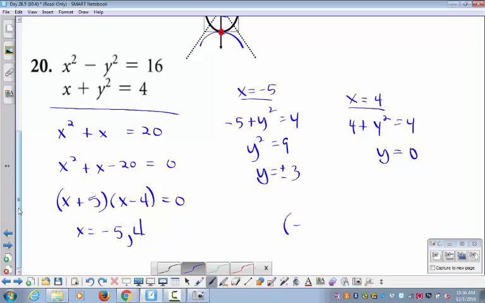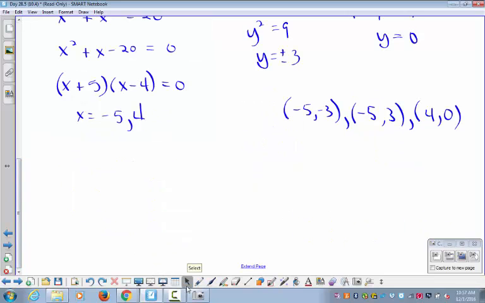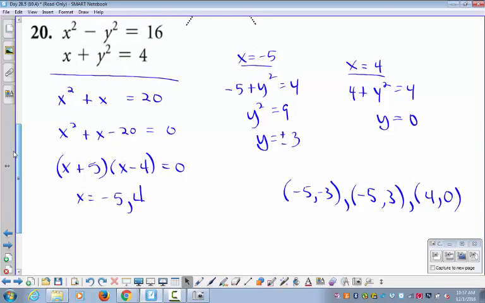We have negative 5 comma negative 3, negative 5 comma 3, and then 4 comma 0. So let's do a quick graph and see if that makes sense. Let's see if we get that same thing if we graph it.